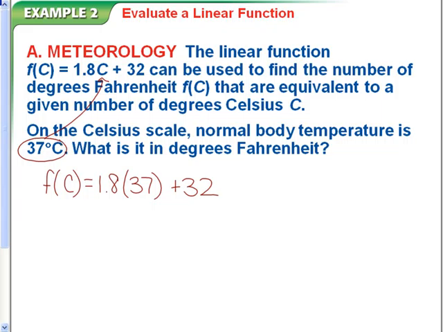At this point, you can just grab your calculator if you're not good at doing that computation. You get f of c equals 98.6, and that would be labeled degrees Fahrenheit. And we know that is the normal body temperature in Fahrenheit.